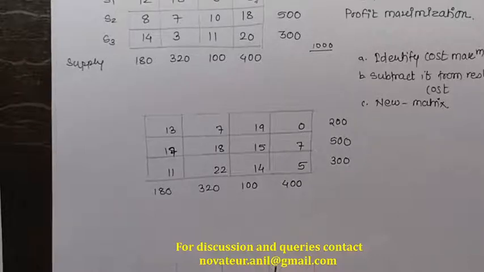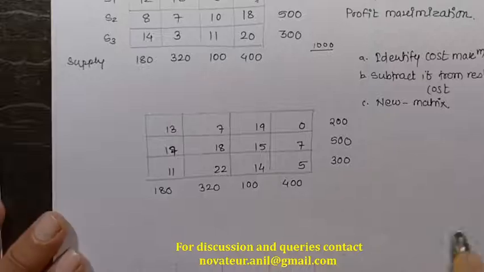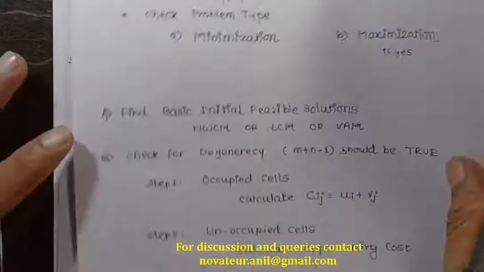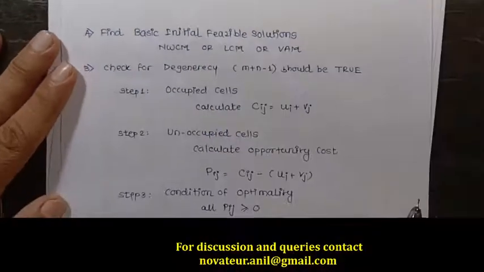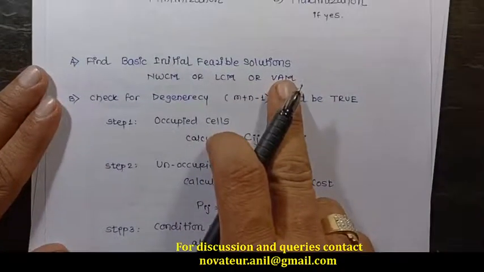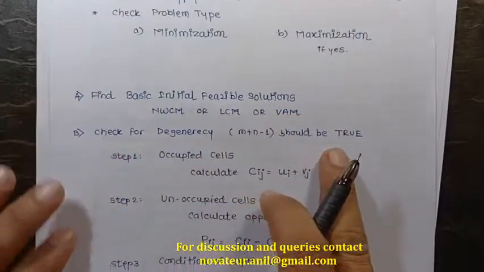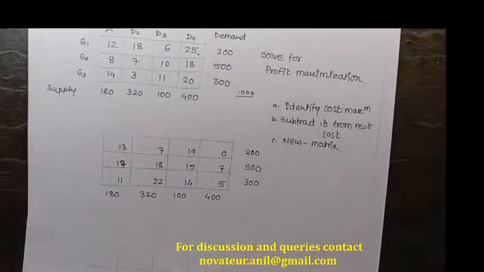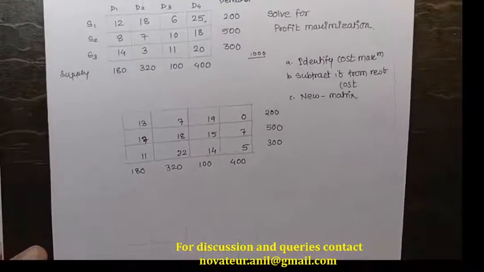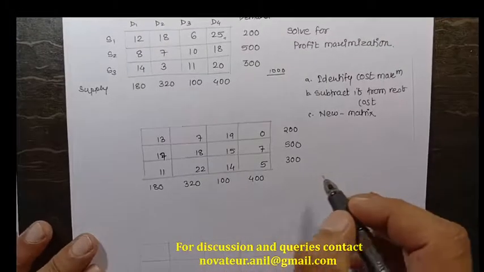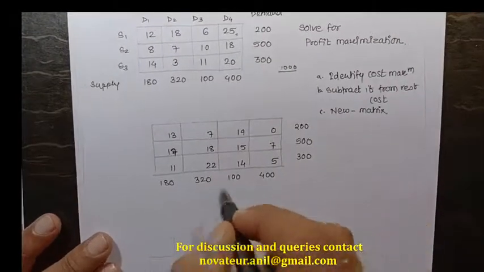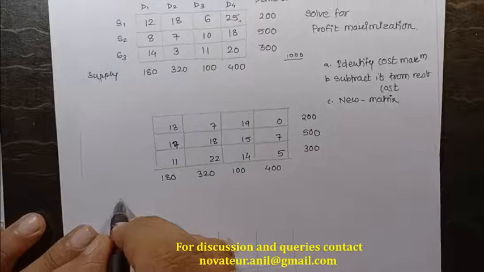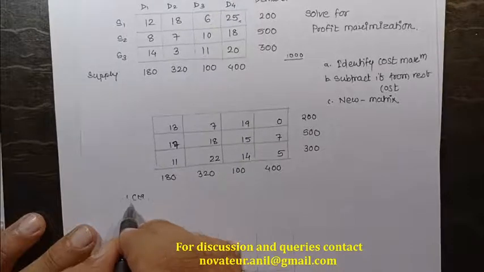Now I'm going to solve this, and I have to follow these steps. I first have to find the initial feasible solution, and then check for degeneracy. I'm going to find the initial feasible solution with the help of the least cost method, LCM.